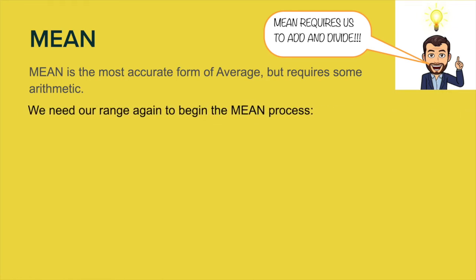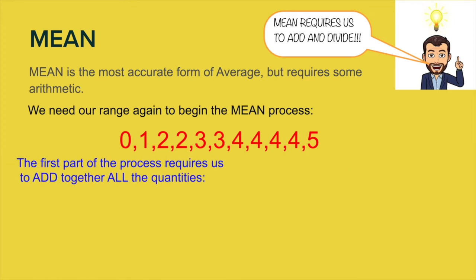So we need our range again to begin the process. So here we go. That's the same range from our tally chart about the televisions. Now, the first thing we need to do, it doesn't have to be in order for mean, but it should be in order anyway because we've had to put it in order to find the median and the mode. So the first thing we need to do is add all of our quantities together.